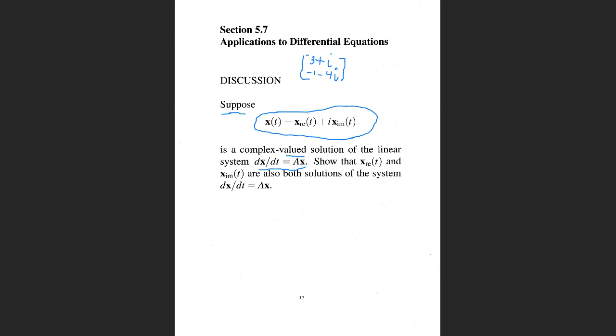Well, you can write that as the vector (3, -1) plus i times the vector (1, -4).